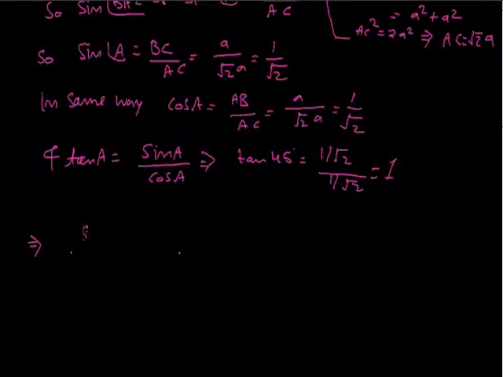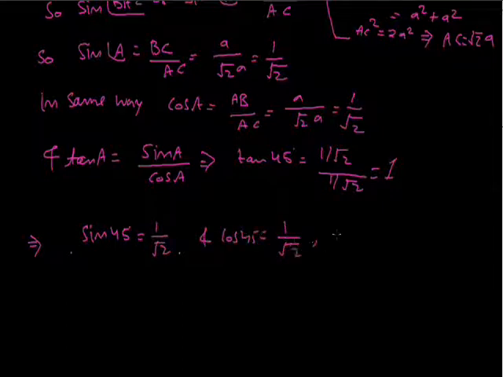So sin 45 degree equal to 1 upon under root 2, cos 45 degree equal to 1 upon under root 2, and tan 45 degree equal to 1.